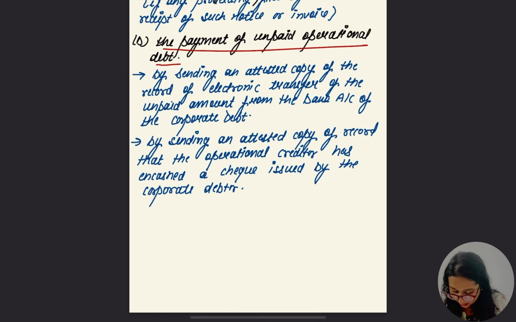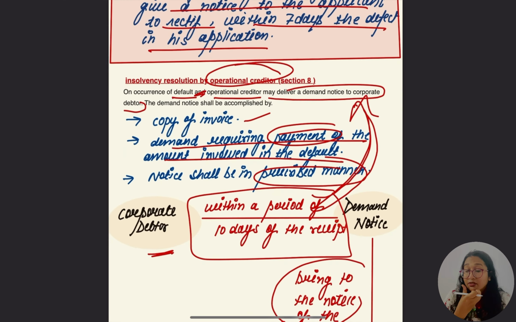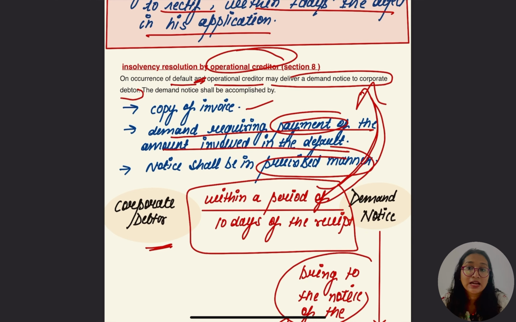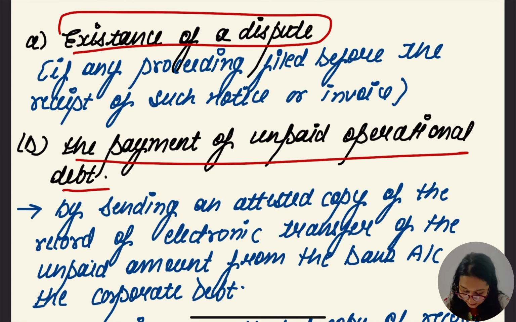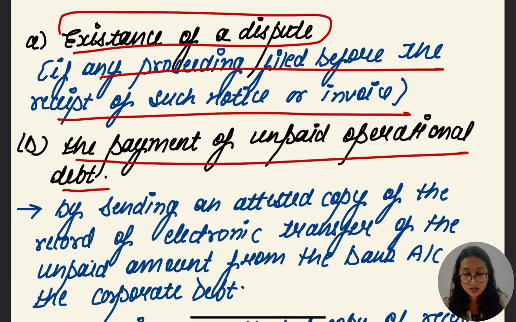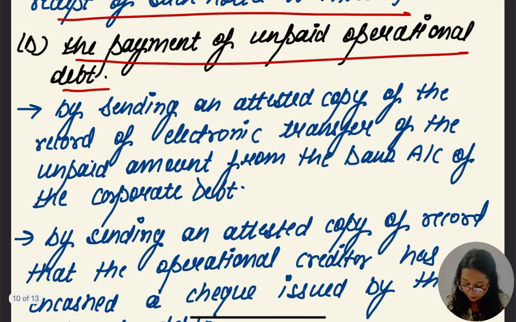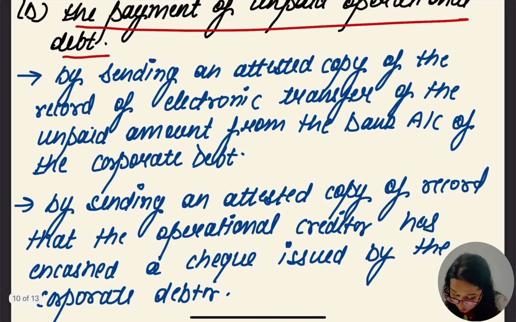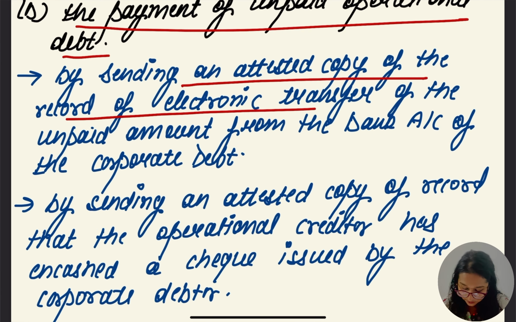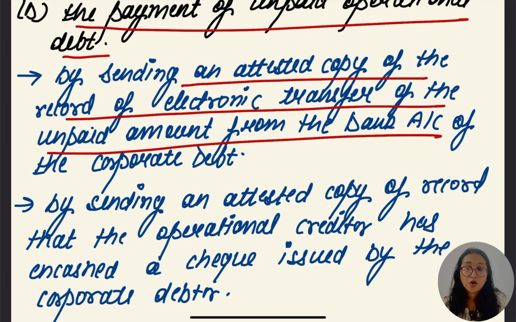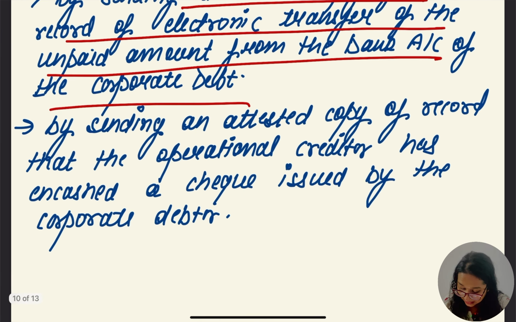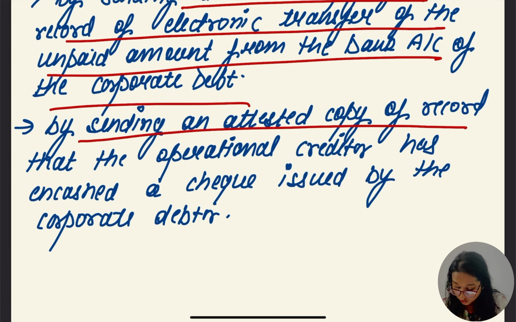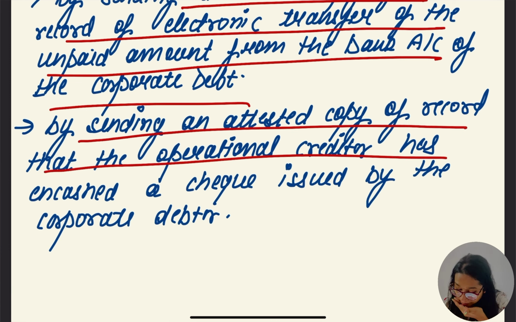This is the continuation: the corporate debtor has to reply within 10 days of the demand notice, regarding the existence of a dispute, if any proceeding is filed before the receipt of such notice of the dispute or the invoice, or the payment of the unpaid operational debt by sending an attested copy of the record of electronic transfer of the unpaid amount from the bank account of the corporate debtor, and second, by sending an attested copy of the record that the operational creditor has encashed a cheque issued by the corporate debtor. So these are the actual points.